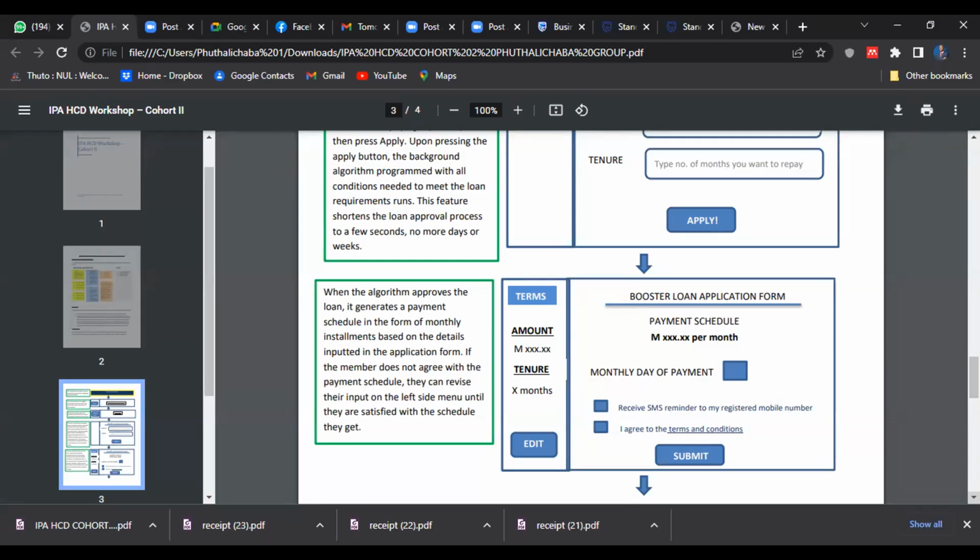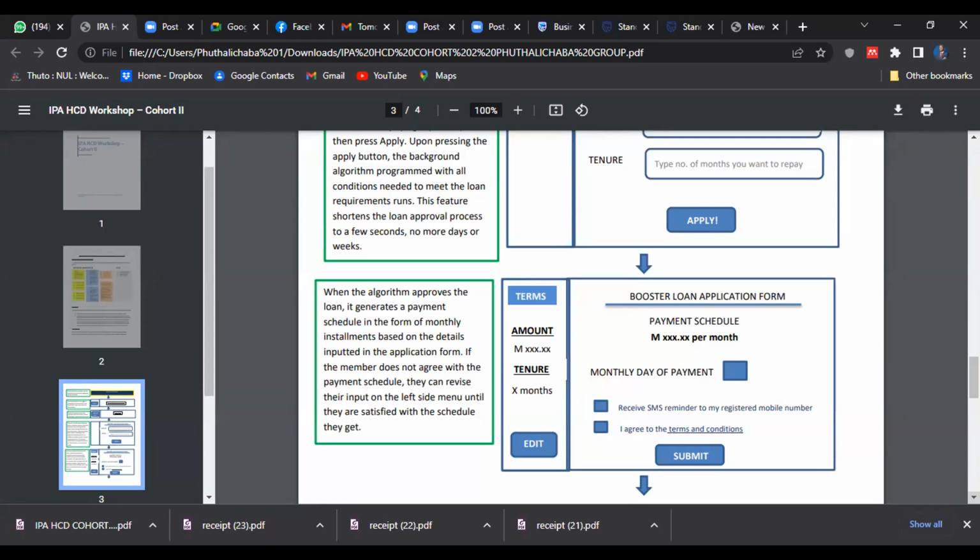Then you apply. Then after you apply, if you qualify, it will show you the payment schedule.